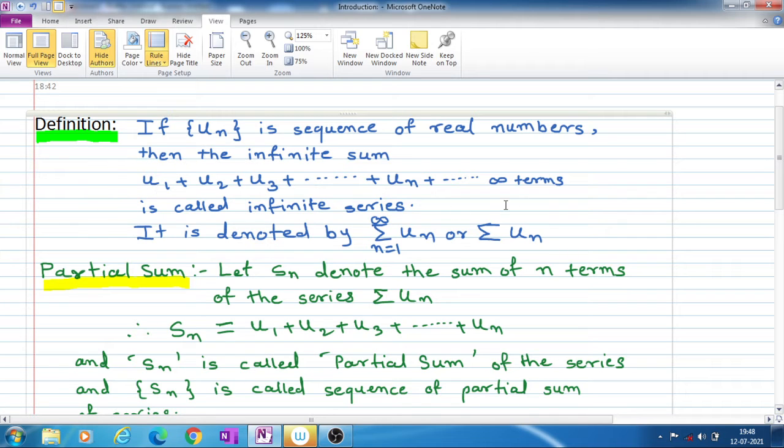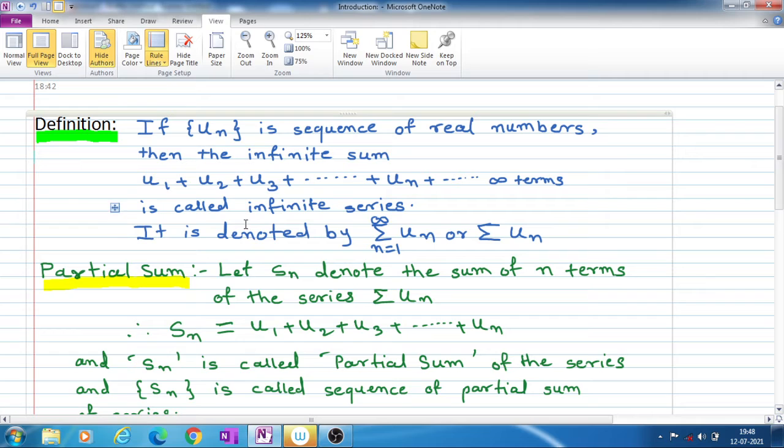The number of terms is infinite here. So the sum of all these terms of the sequence un is called an infinite series.